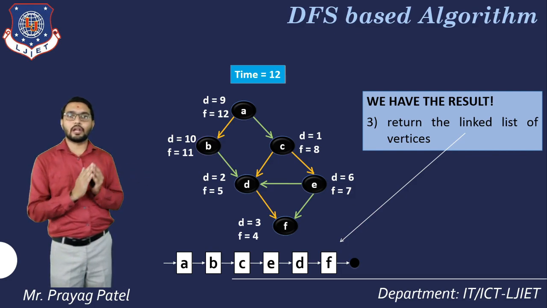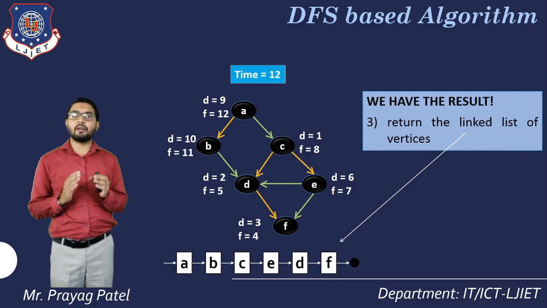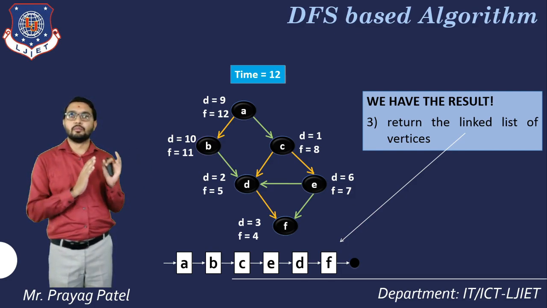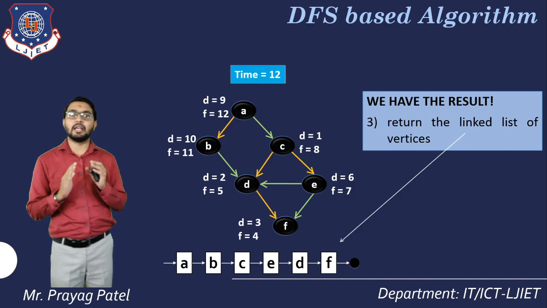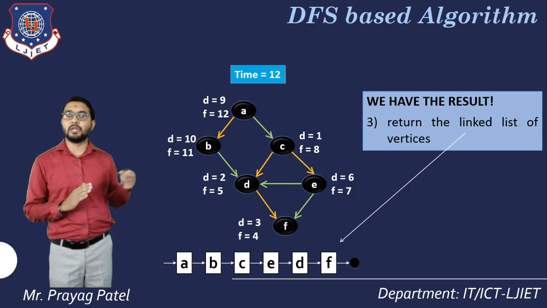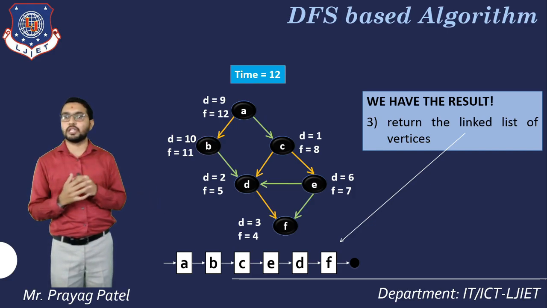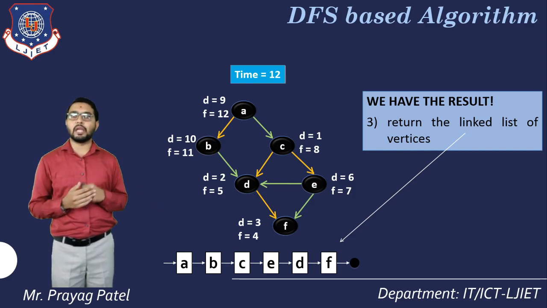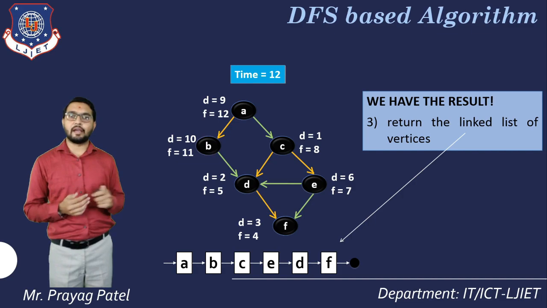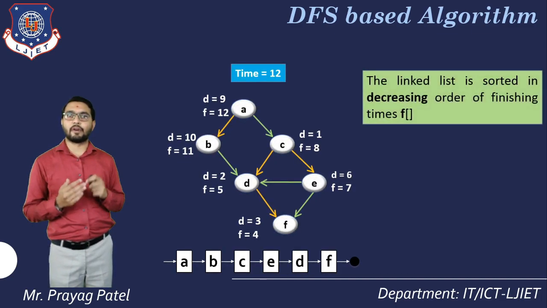According to our algorithm, in step 3 we return the linked list of vertices, meaning the sequence of the topological sort order is A, B, C, E, D, F. So this is your final answer.